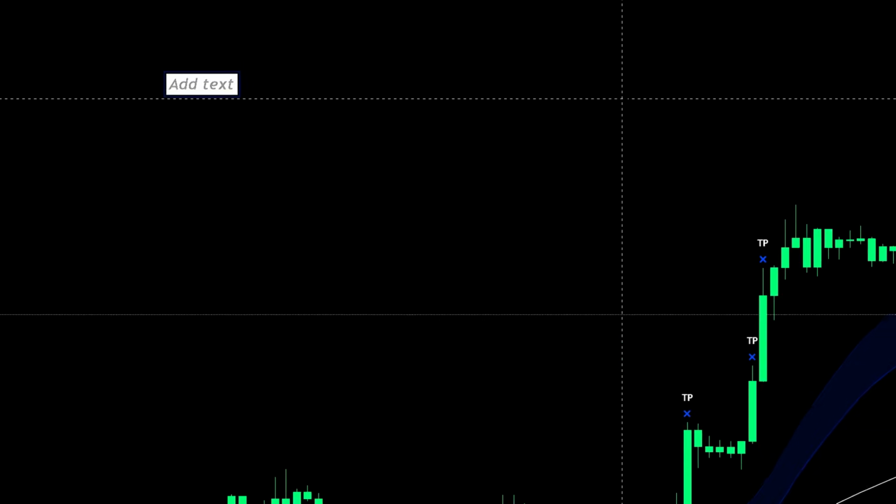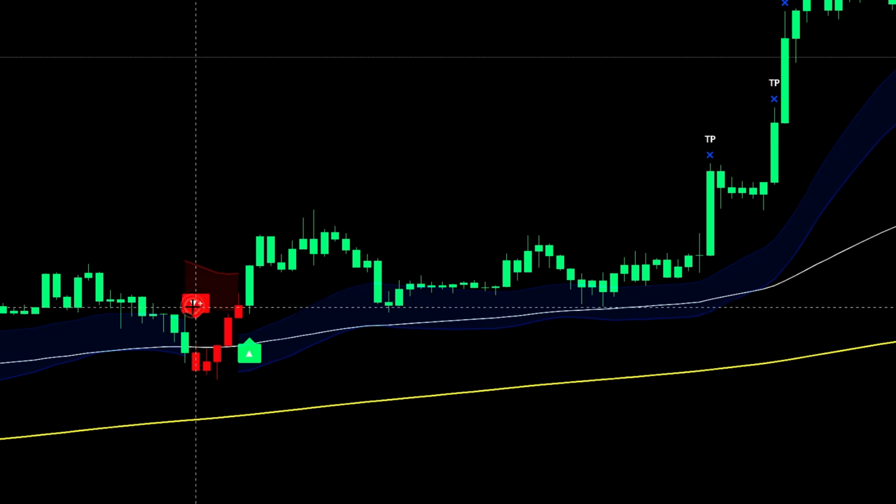Now look at this other chart. Here we've got an uptrend. Same rules apply. Ignore the sell signals. Focus on the buys.